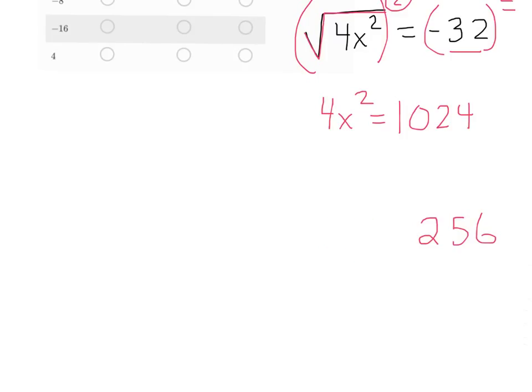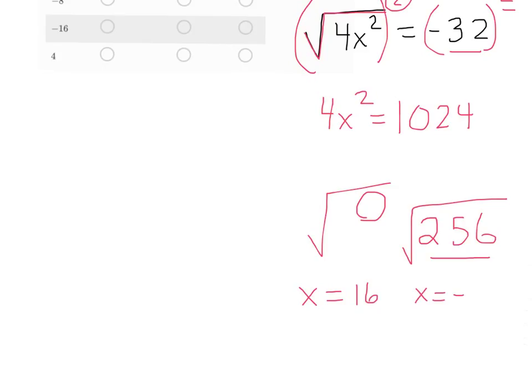I'm almost done, but not done because the x isn't by itself. It has this squared with it, and the opposite of squared is square root. So I need to square root both sides, and x will equal the square root of 256, which is 16, but the square root of 256 is also negative 16. Those are my two solutions: 16 and negative 16.